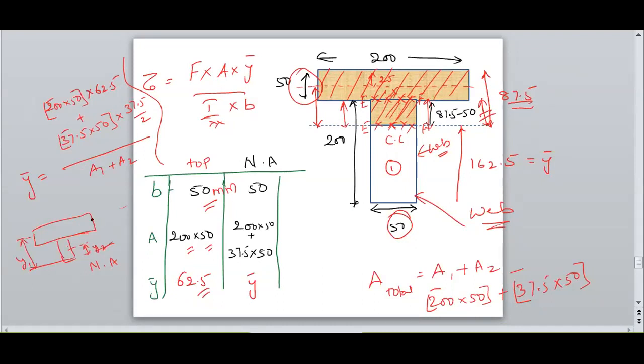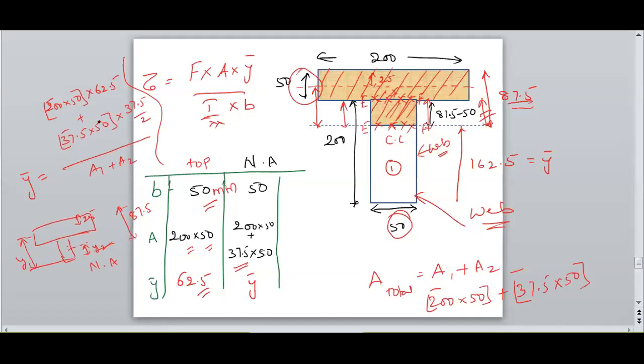Now it is 25 distance from the top. Therefore, the total distance 87.5 minus 25 gives the Y1 value, and the Y2 value will be 37.5 divided by 2.